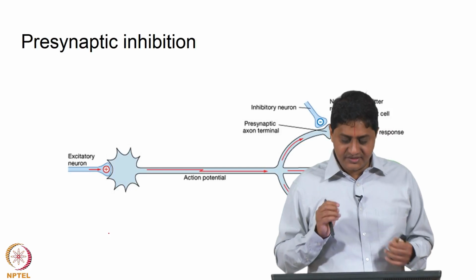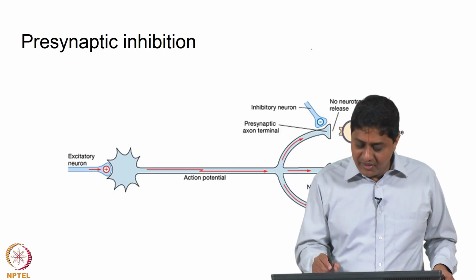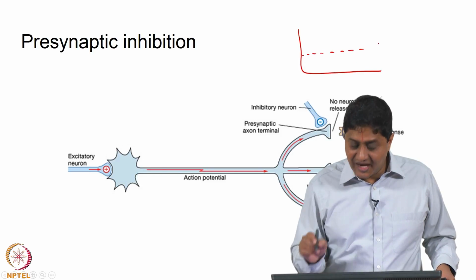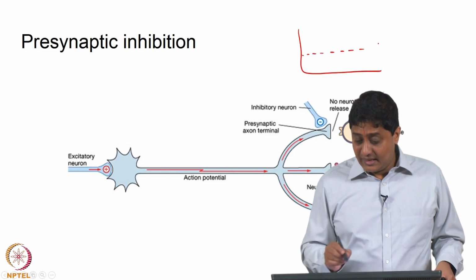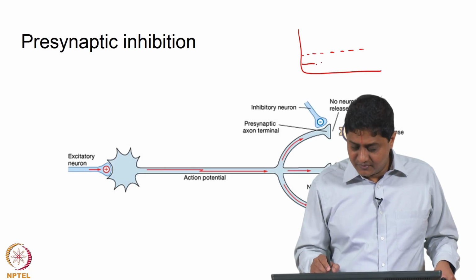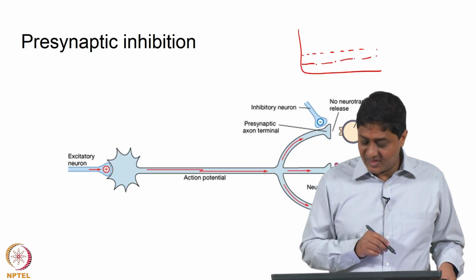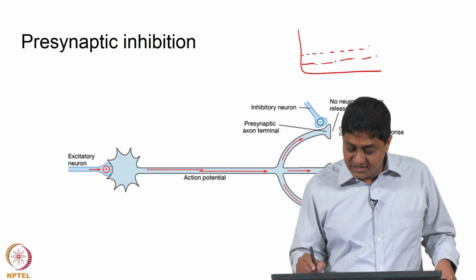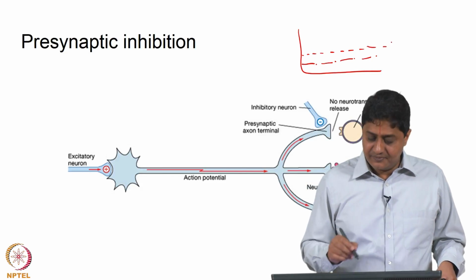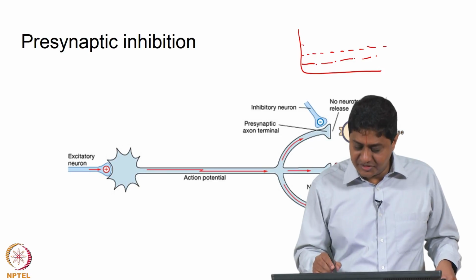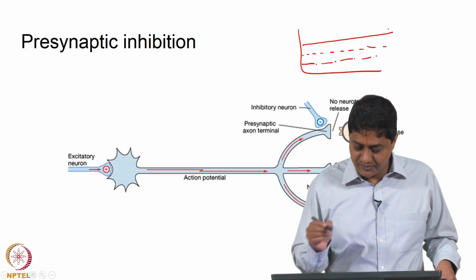So, in other words, suppose the earlier resting membrane potential was at that value, and suppose this is the membrane potential, and a new action potential brings the membrane close to that value.